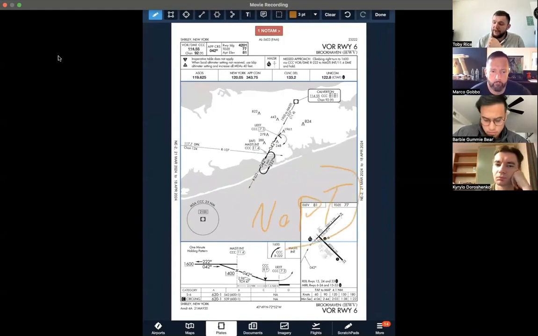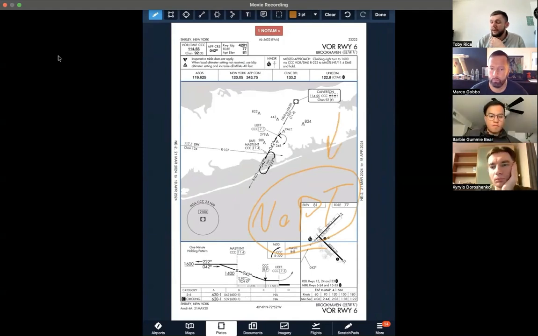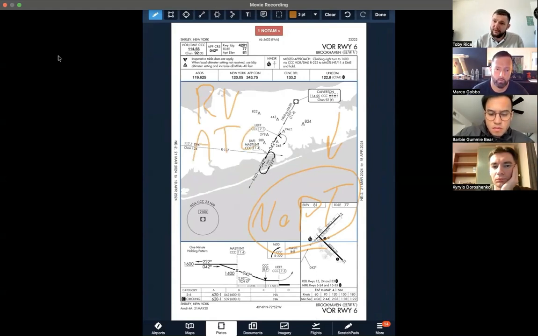So you cannot do a straight in unless you request it from ATC, even though you're coming from the southwest. That is correct. It must say no PT, or you are receiving radar vectors, or ATC approves it for you to go straight in.